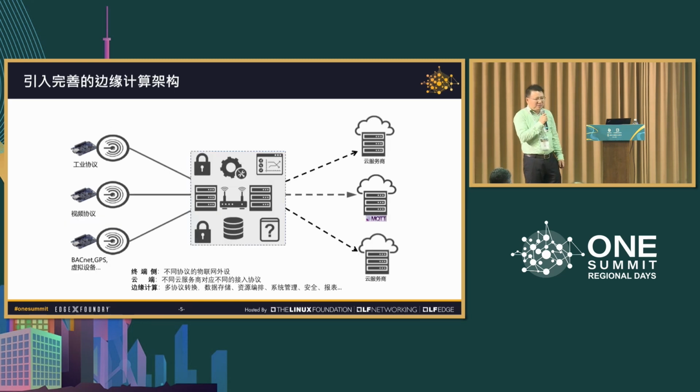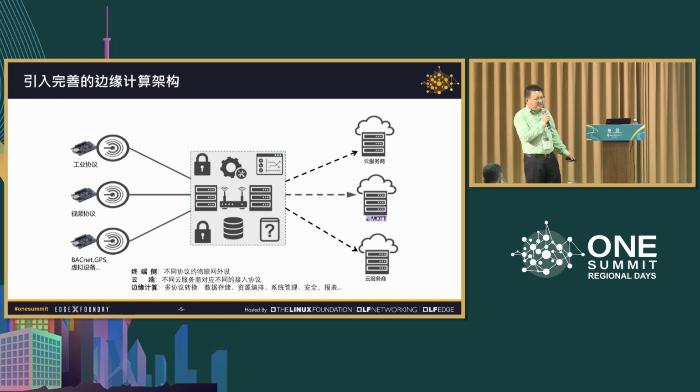Later on, IoT means different things in the real world, not only industrial verticals, but also several others, like video protocols, building automation protocols, GPS, RFID protocols, and maybe even virtual devices.